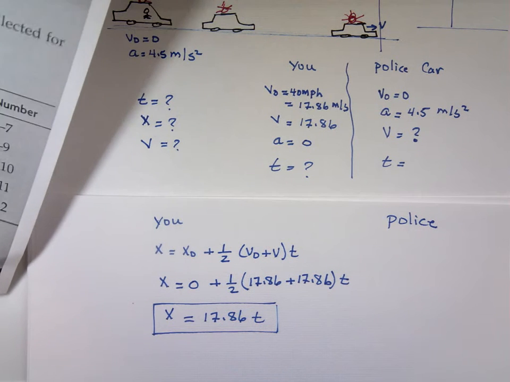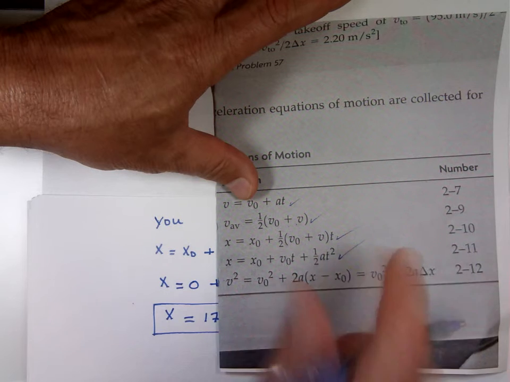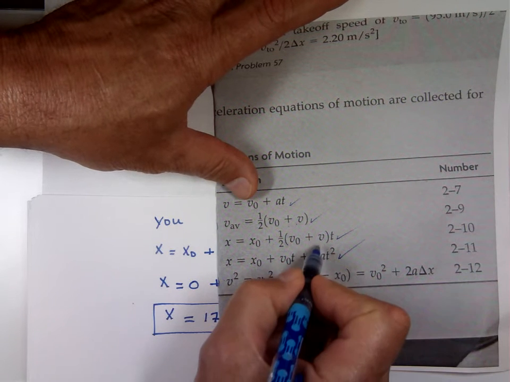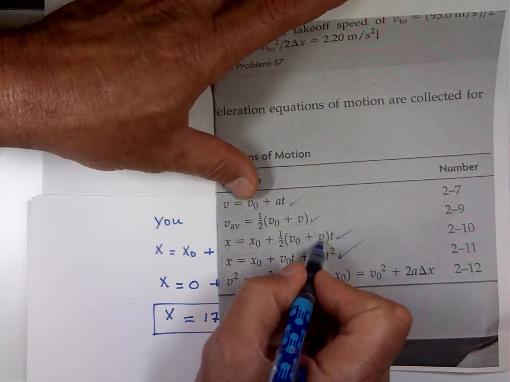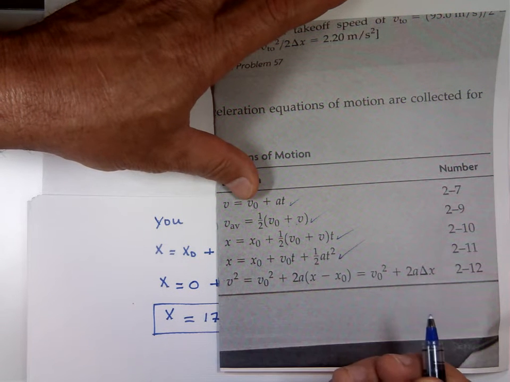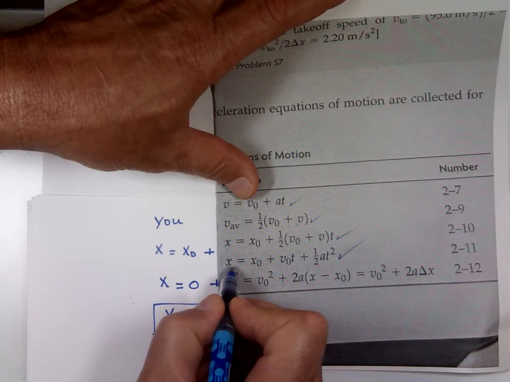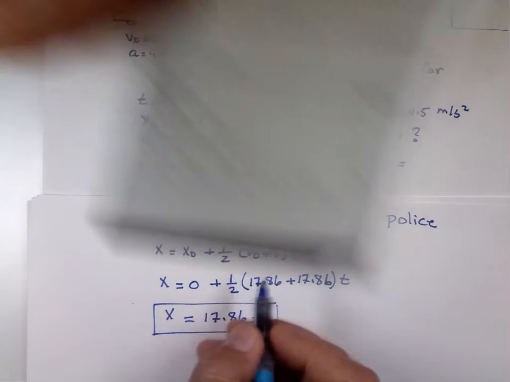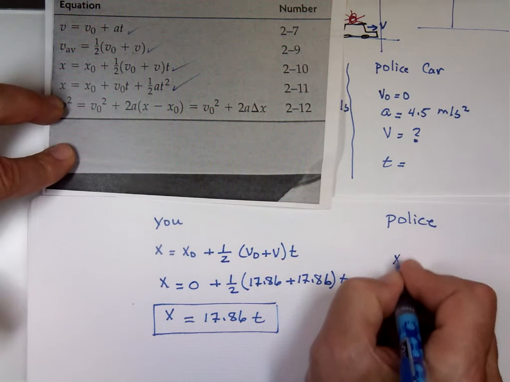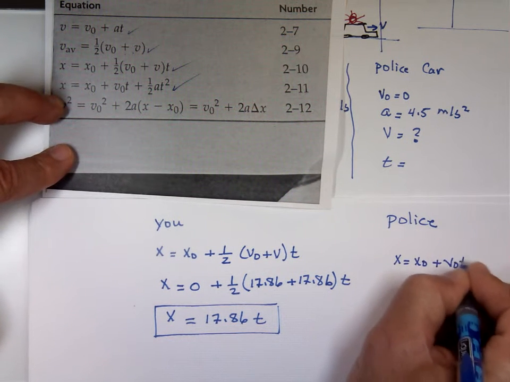I can't use the same equation, because I have no idea what the final velocity for the police car is, so I'd have three unknowns. That won't help me. What about this one? I should have waited on this problem for a few more minutes.